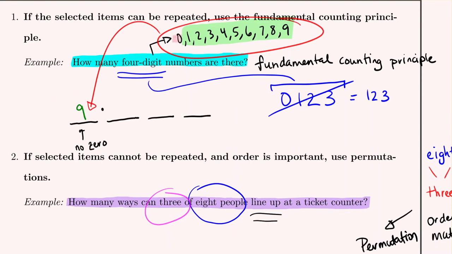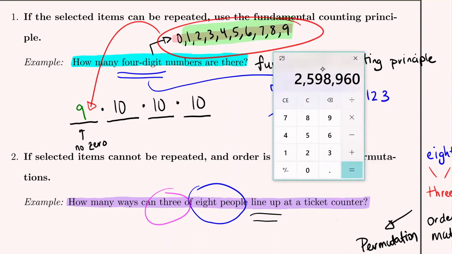So for the second decimal place, I could use 0, 1, 2, 3, 4, 5, 6, 7, 8, or 9. So there's 10 possibilities. And then since I can repeat, there's 10 possibilities for the third place and 10 possibilities for the fourth place. So that would be 9 times 10 times 10 times 10, or 9,000 possible 4-digit numbers.